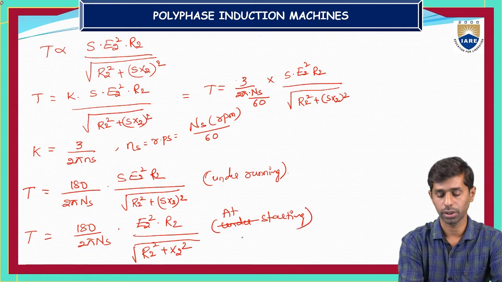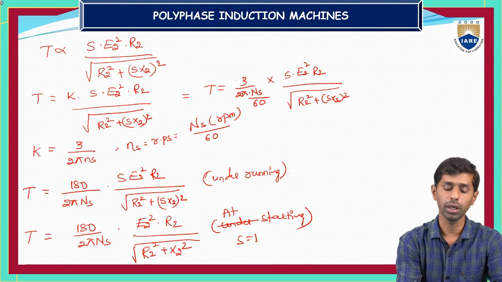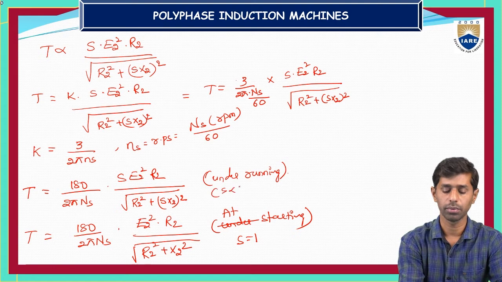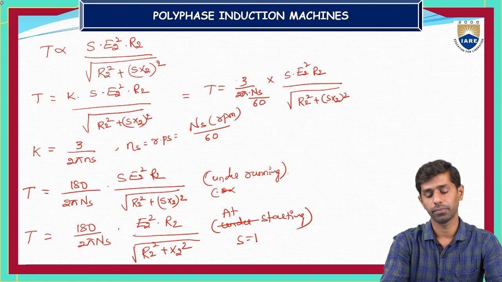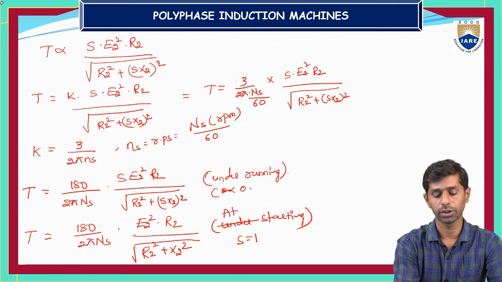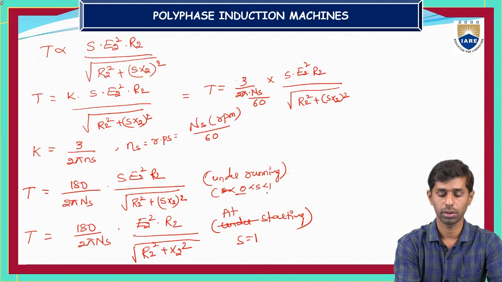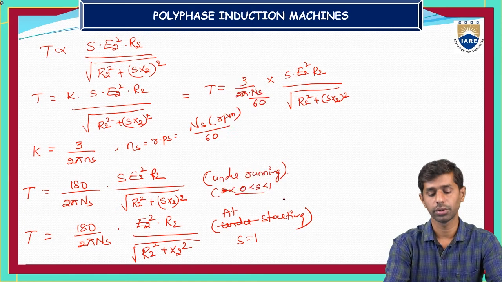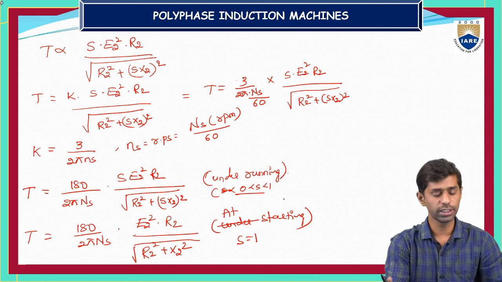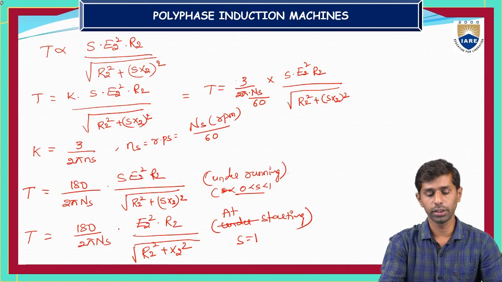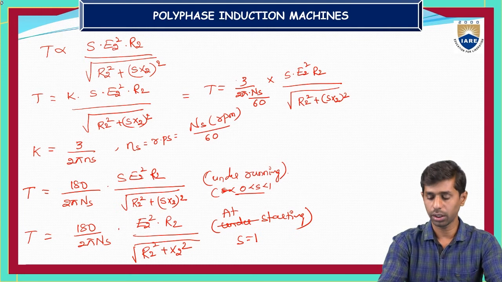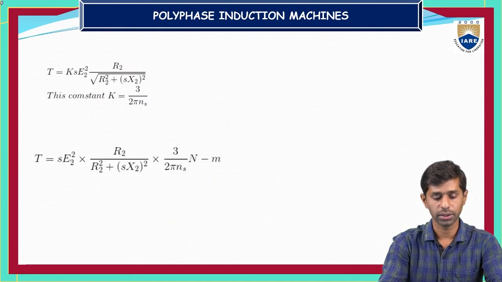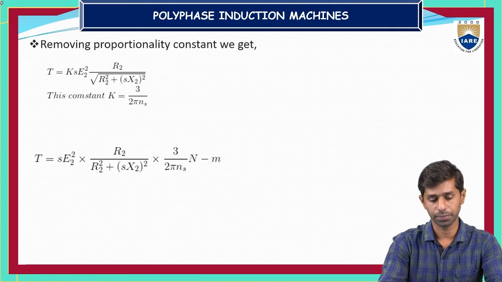At starting condition, slip becomes 1. Under running condition, slip is less than 1, that is, in between 0 and 1. So this is the case of the three-phase induction motor, the expression for the torque under starting condition as well as under running condition.